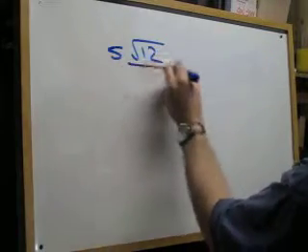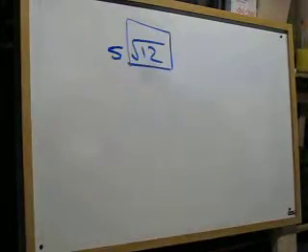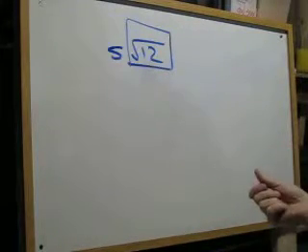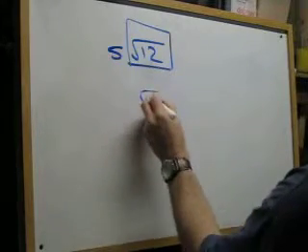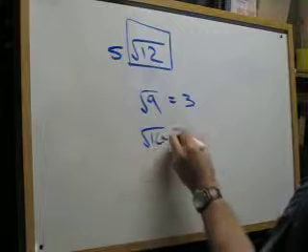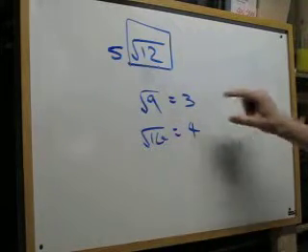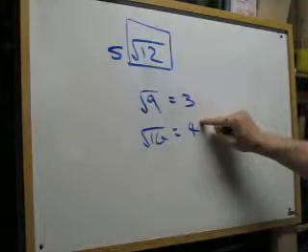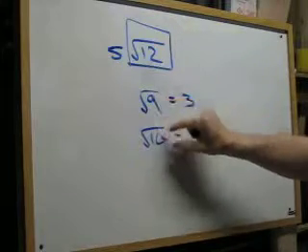For the most part, the numbers that we deal with radical signs, there is not an exact number. 3 times 3 is 9, so we know the square root of 9 is 3. And we know the square root of 16 is 4, but there's no whole number between 3 and 4. And 12 is between 9 and 16.